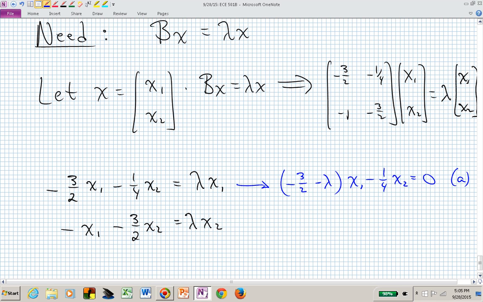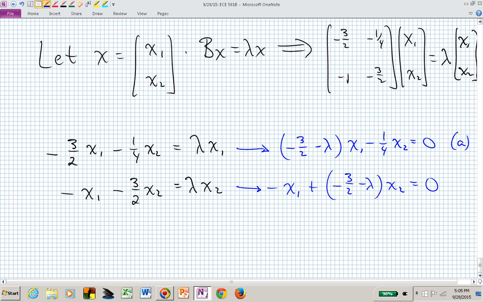The second equation says I now have minus x1 plus minus 3/2 minus lambda times x sub 2 is equal to 0. Let me go ahead and solve that second equation for x1. x1 is now minus 3/2 minus lambda times x sub 2, and I'm going to call that equation B. They're my two equations, A and B. Is it clear where they came from?